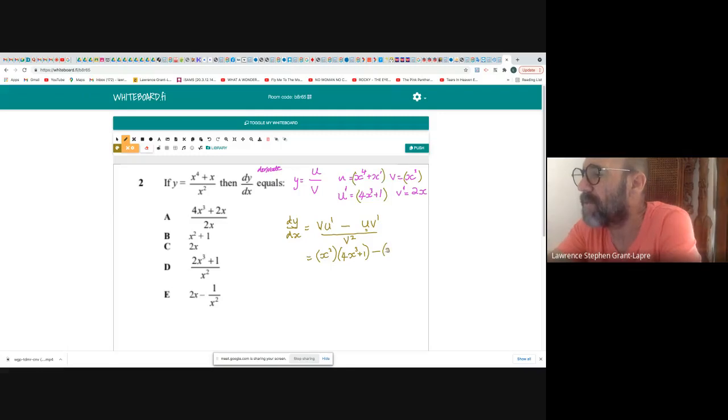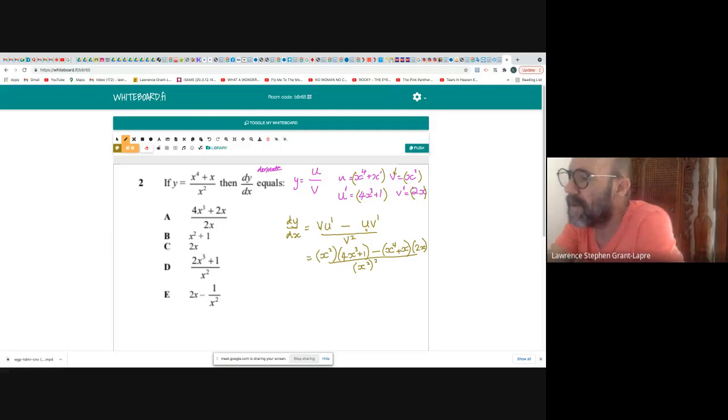So we put x⁴ plus x. And now v dash is 2x. You see, just replace each piece. Over v squared. V squared is this one. So we square x squared, and x squared squared becomes x to the power of 4.